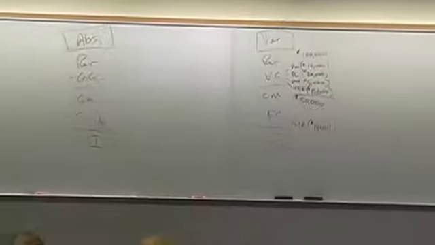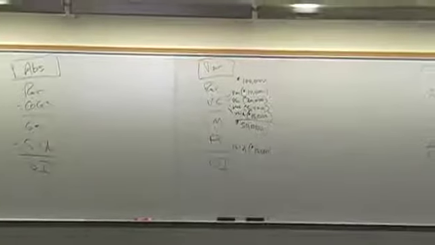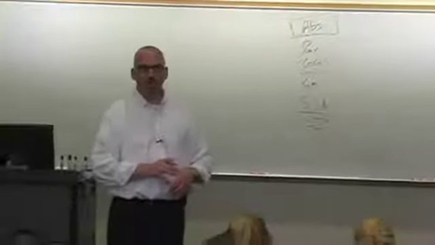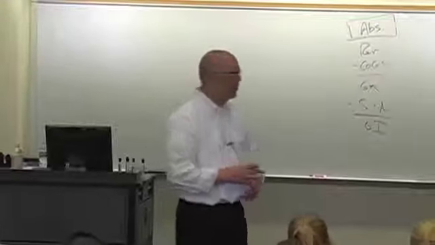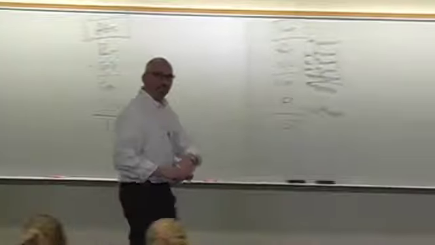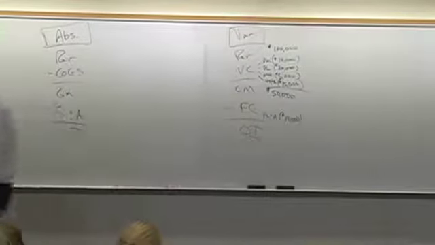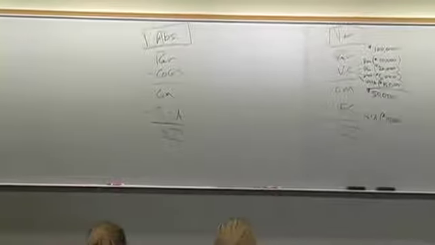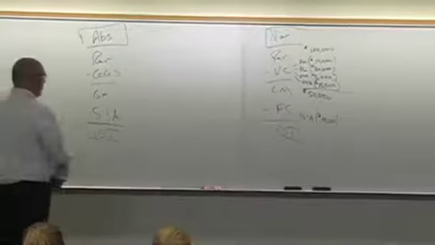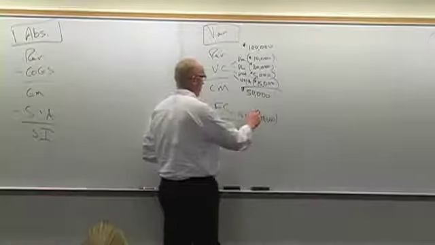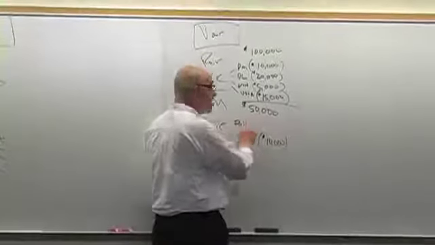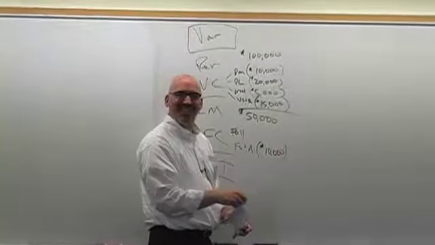Now what? Are we done? Kaylee, are we done? What do we need to do now? Does it take much figuring? So what number are we going to put up there? $30,000.